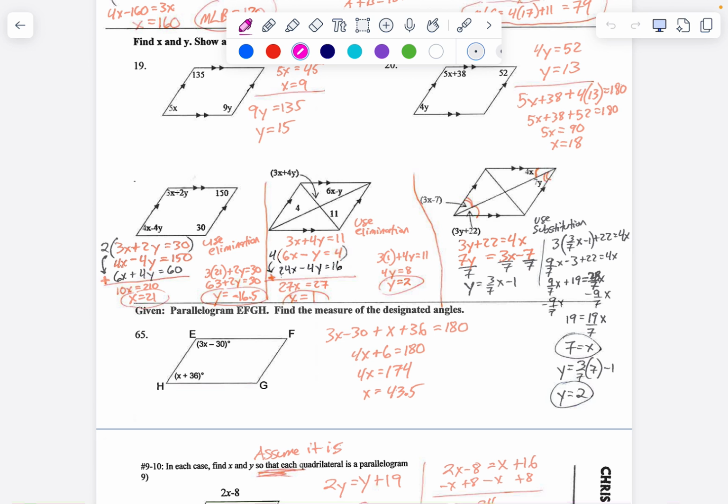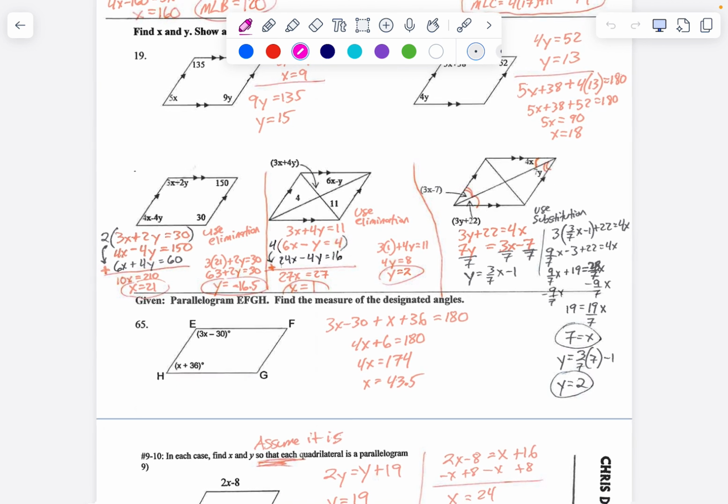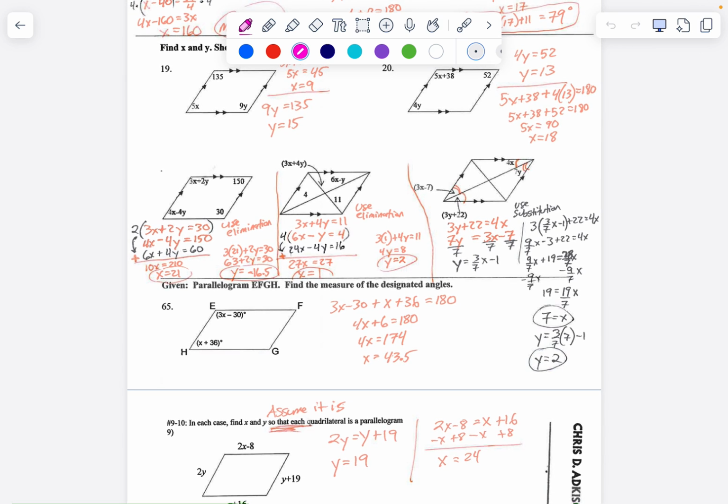Okay, anybody else? Elimination is the method that's over here on the left. I usually like elimination a lot more, but it's good to use both. Okay, raise your hand if you got x is 7 and y is 2 on that far right one. Just one of you. How about on the first one, 21 and negative 16.5?